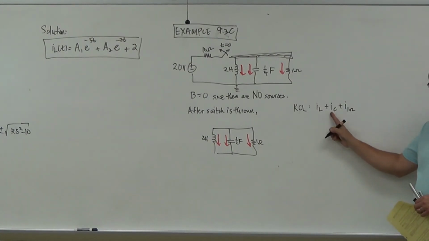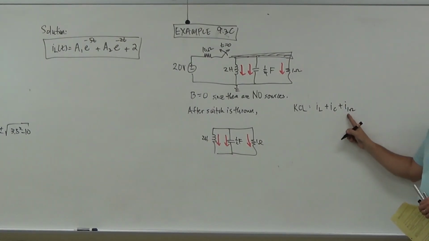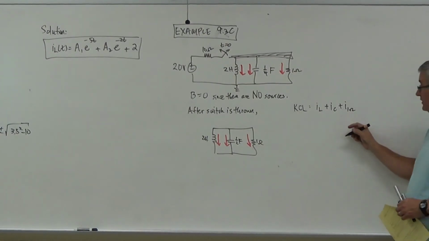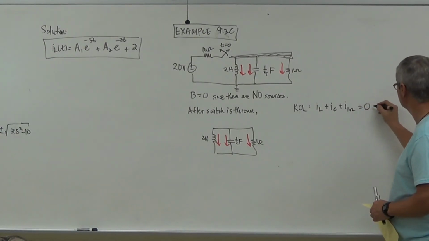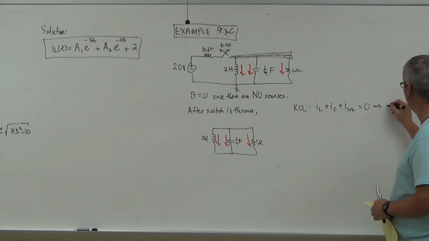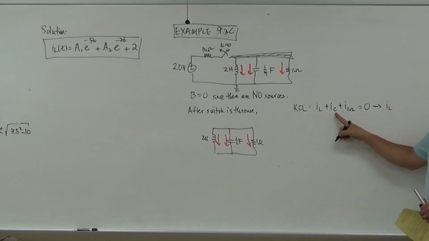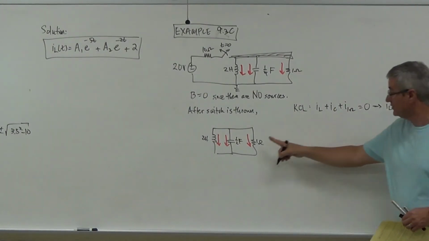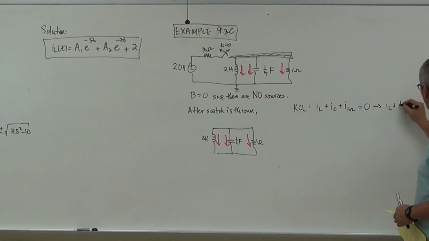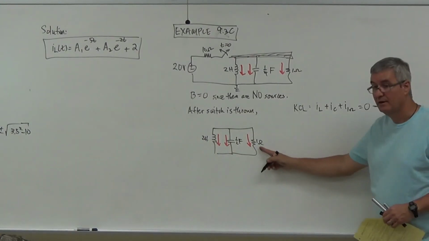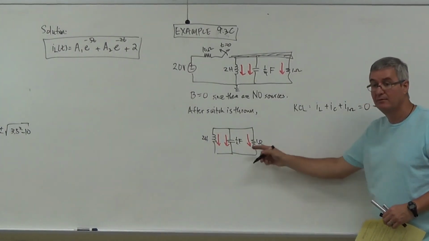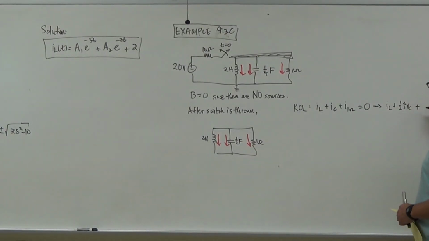I got to convert the IC to VC. So then what am I going to do? That has to equal 0. Now this tells me that IL is good. This guy, I got to convert. So that's a 1/4, so it's got to be 1/4 S hat VC. Let's go to the next term. This is a 1. Note that these two are in parallel. So then that means here that this has to be 1/1 VC equals 0.